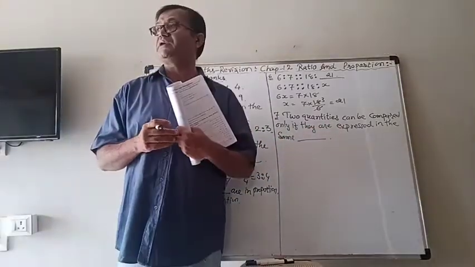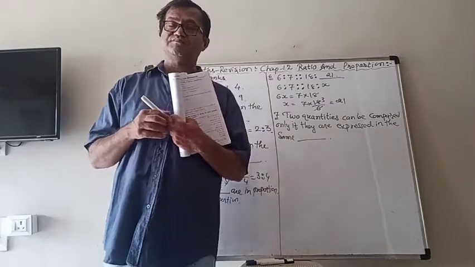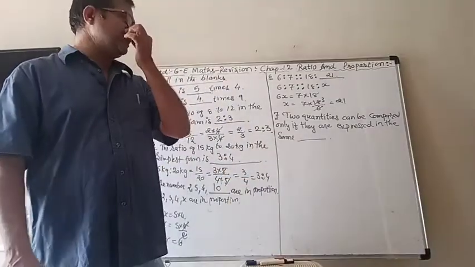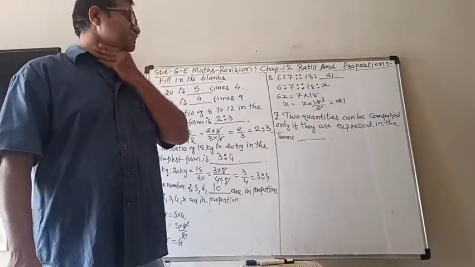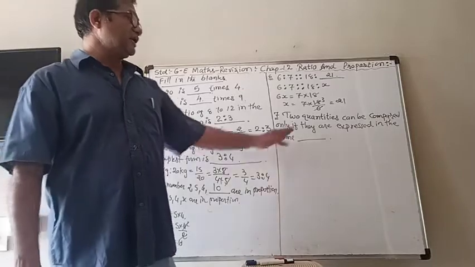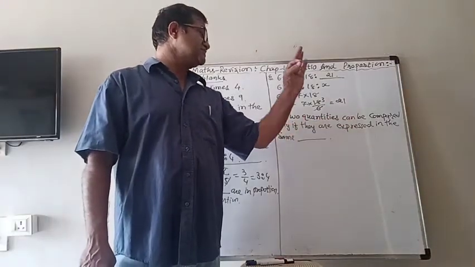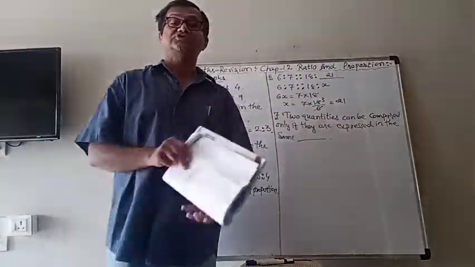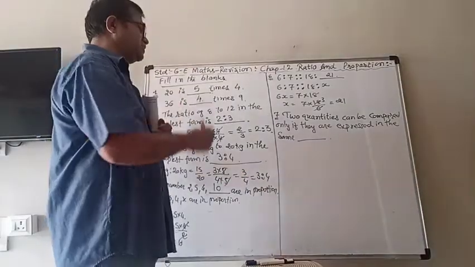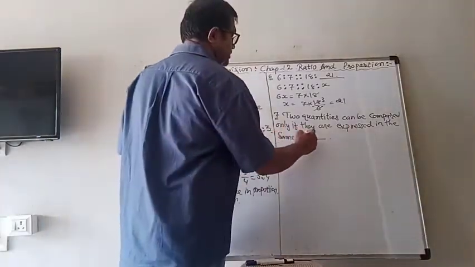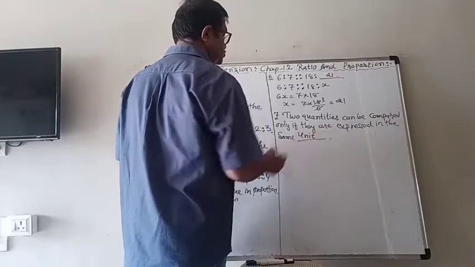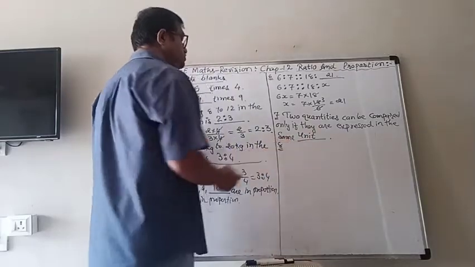I told you in the beginning that when we compare two quantities, they must be expressed in the same unit. So only if they are expressed in the same unit can we compare them, otherwise we cannot. So the answer is unit.